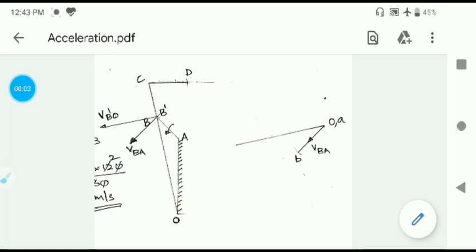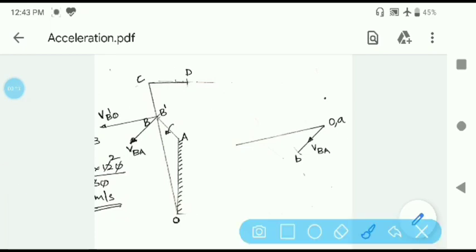Now regarding the slider B, as we had discussed, slider B has three relative motions. It has a rotational motion relative to point A, it has a rotational motion relative to point O, and it has a sliding motion along link OC.